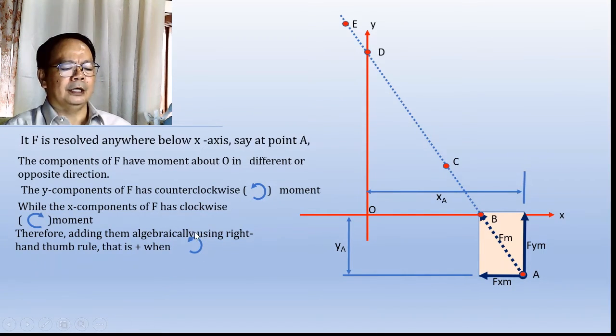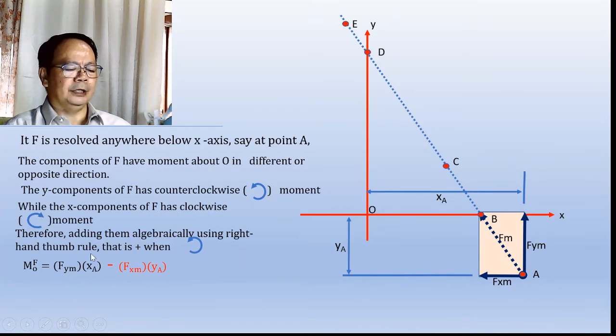So if they are added algebraically using the right-hand thumb principle, that turning in the counterclockwise direction is positive, then the moment of F about O becomes equal to F sub y sub m multiplied by x sub A, that is the moment due to the y component of the force, minus the moment due to the x component of the force, which is clockwise in sense and therefore negative.